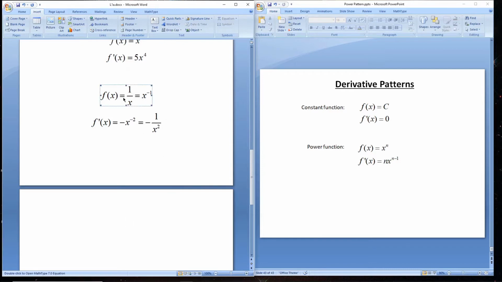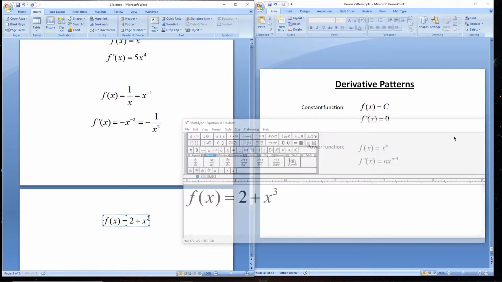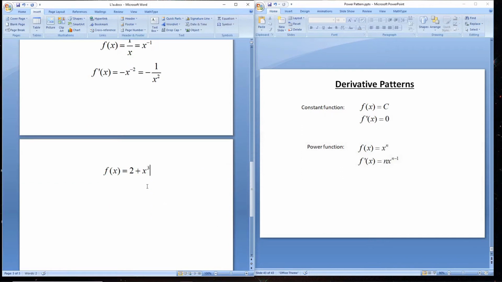Let's try something that combines the two patterns together. So let's say we had 2 plus x cubed. Or I typed a 4 in there, but my brain said 3. So 2 plus x cubed, and let's figure out this derivative.